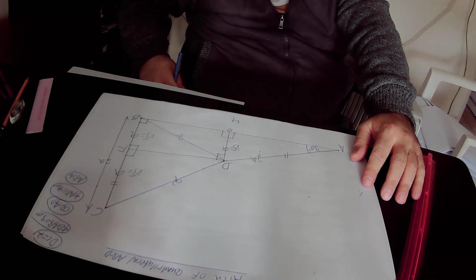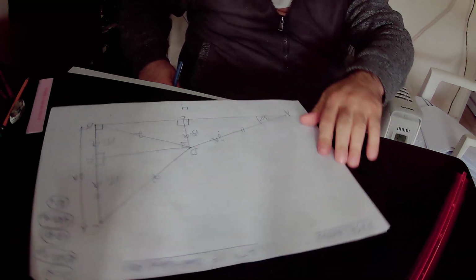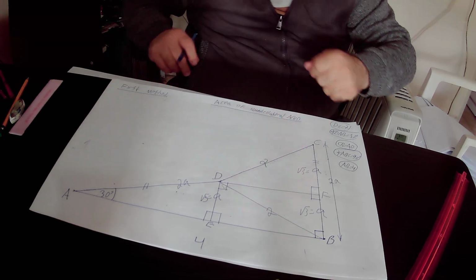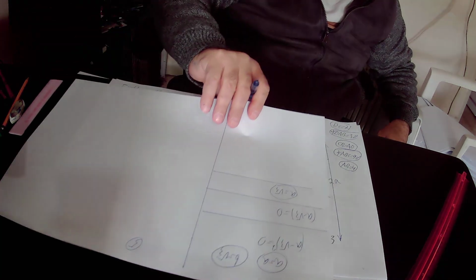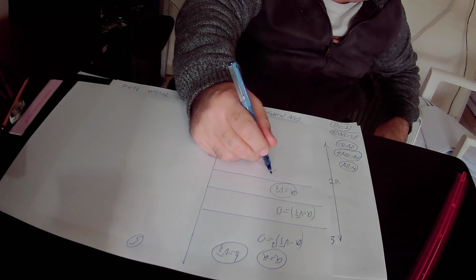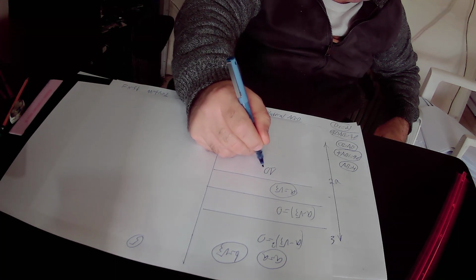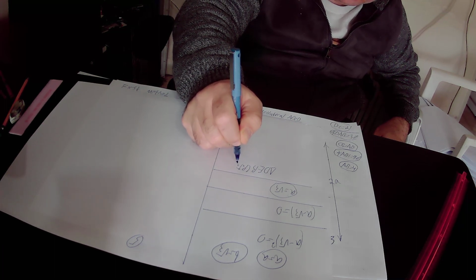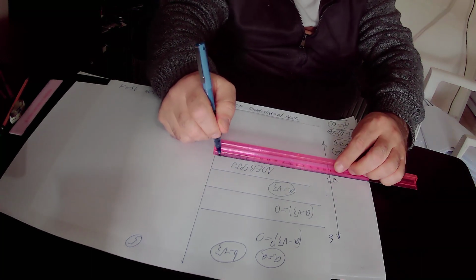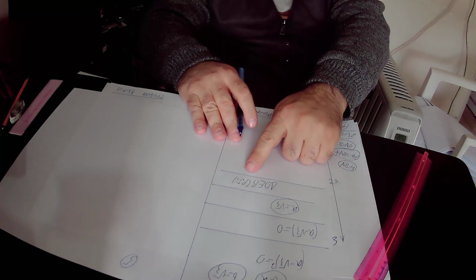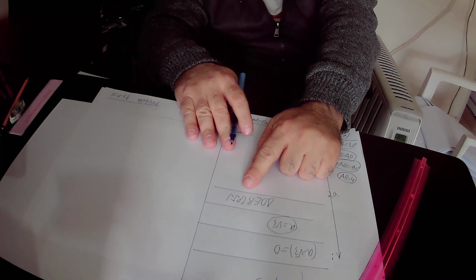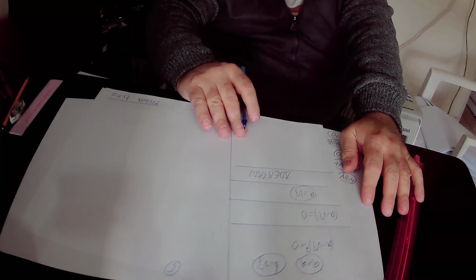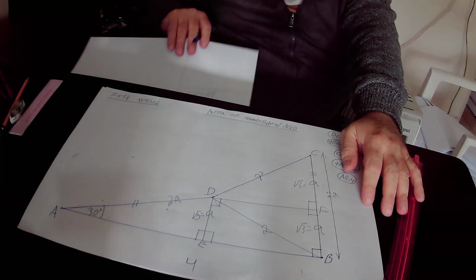In the next step we will focus on this right triangle DEB, and we will implement the Pythagoras theorem on the right triangle DEB. Here PT is the abbreviation for Pythagoras theorem. According to the Pythagoras theorem, the square of the hypotenuse equals the sum of the squares of the perpendiculars.